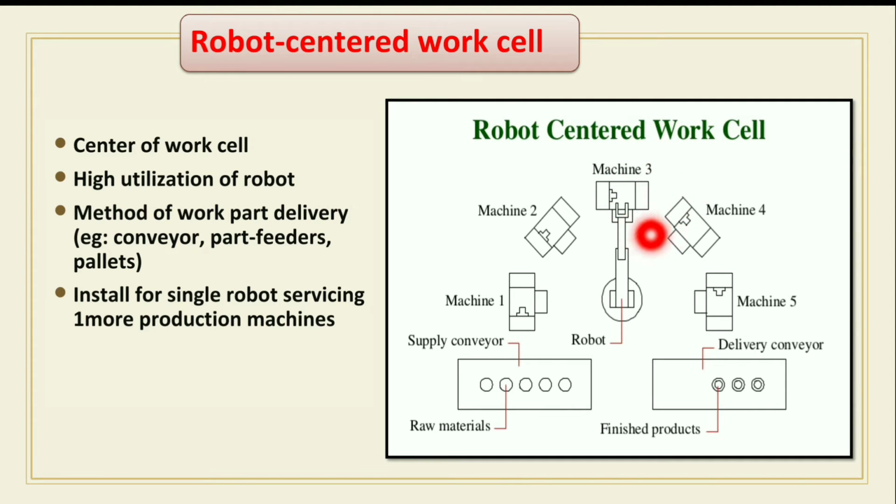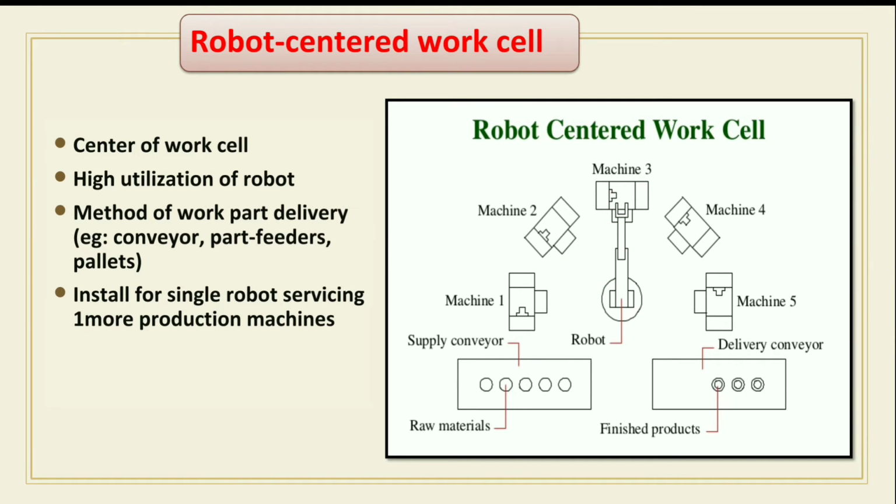The robot services the equipment in the sequence of its operation. The service operations are loading and unloading equipment, means loading all the raw material onto the machines and unloading the finished component from the machine. This is the simple loading and unloading task performed by the industrial robot.